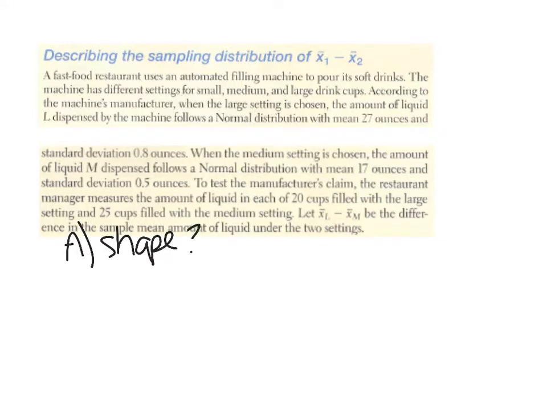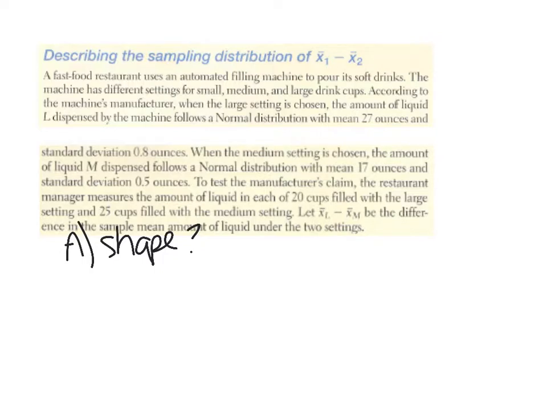So I have a normal distribution for the large cups, and I have a normal distribution for the medium cups. So my shape here is approximately normal because both population distributions are normal.